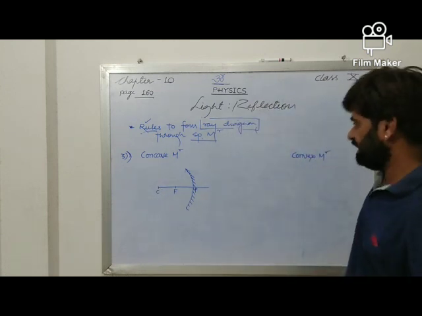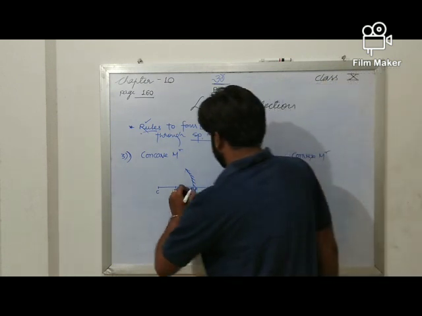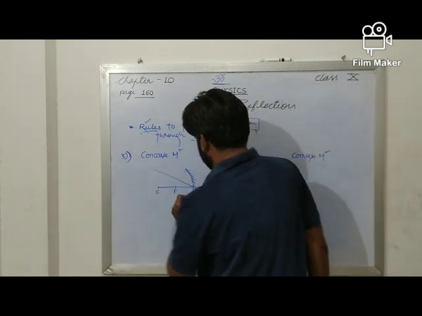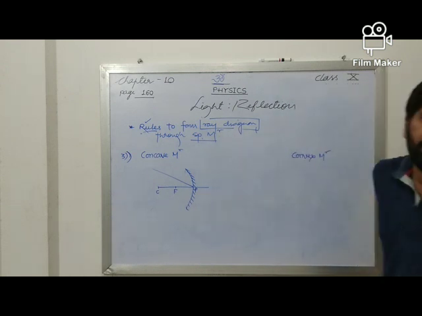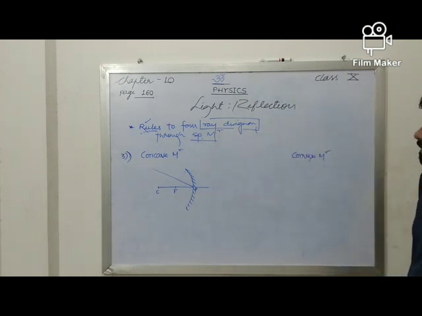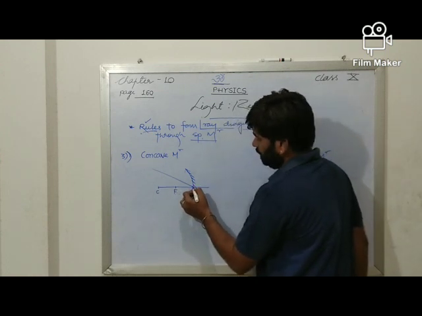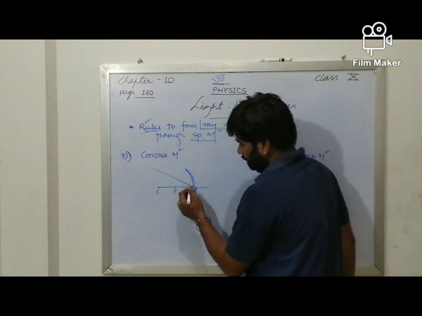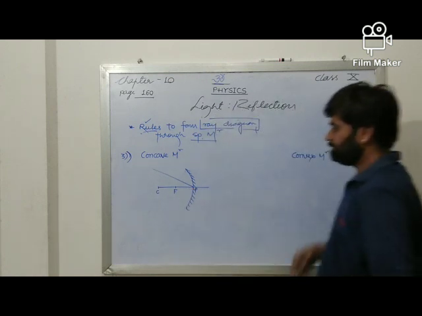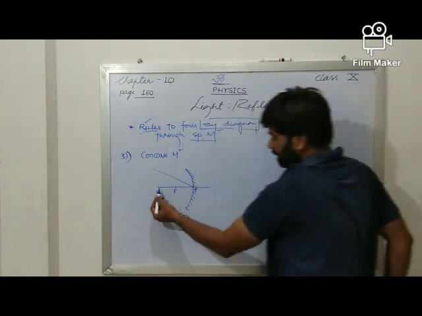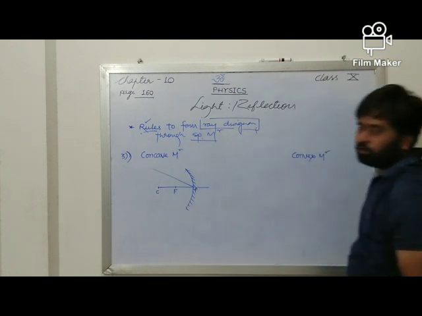Now rule number 3 says, if a light is incident over the pole of the mirror, then see, pole of the mirror means over the principal axis. So already the principal axis is working like a normal.